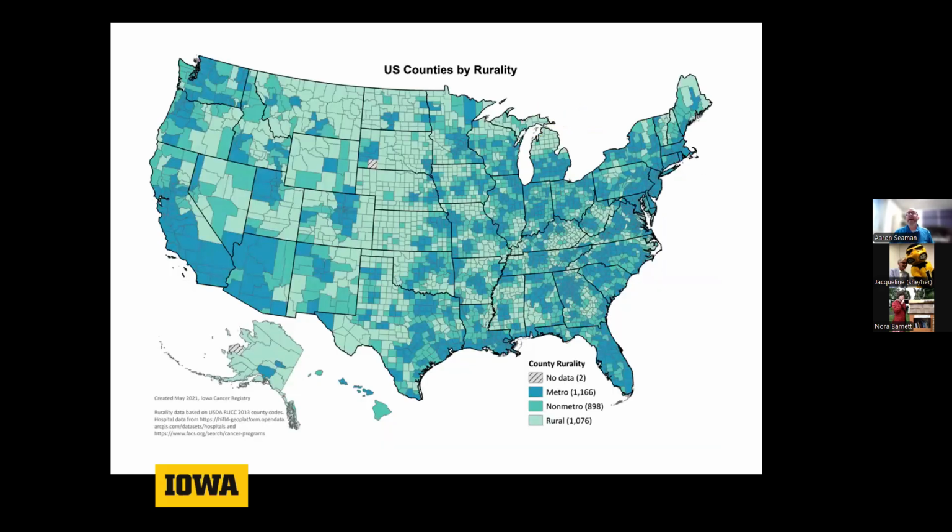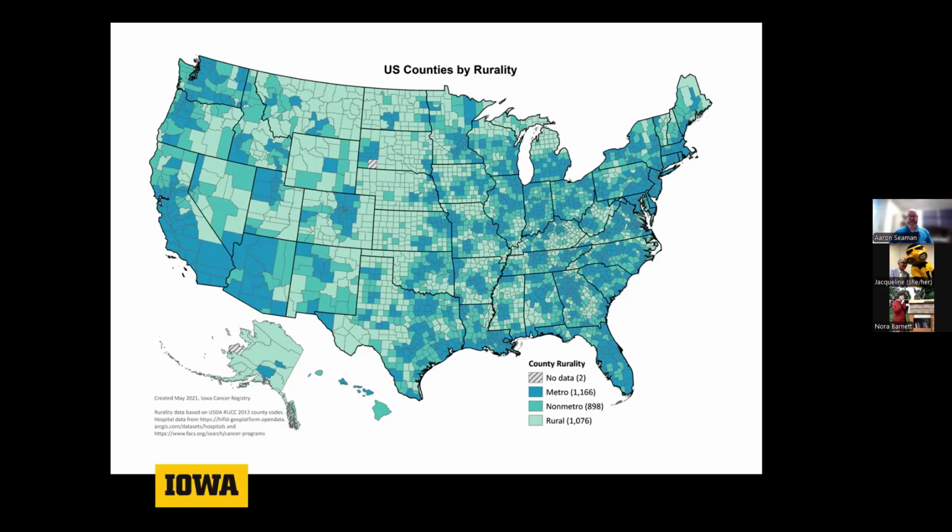So if we look at a map, you can see the spread across the US here, the distribution of metro, non-metro, and rural counties, with the rural counties being those in those last three categories. You can see that rurality is not uniformly distributed across the US, with the Midwest and West having some of the largest contiguous areas of rural counties.